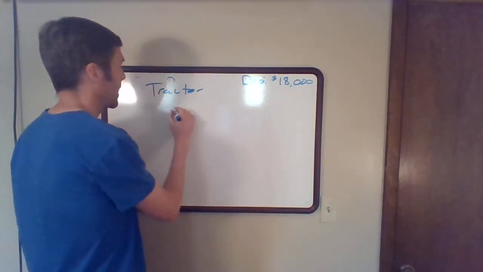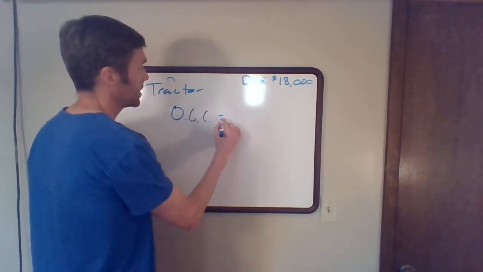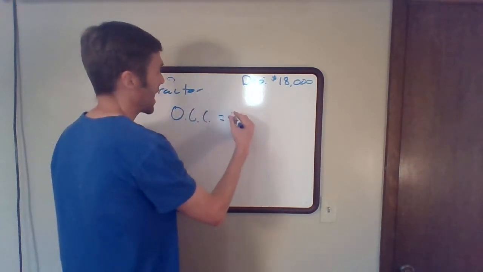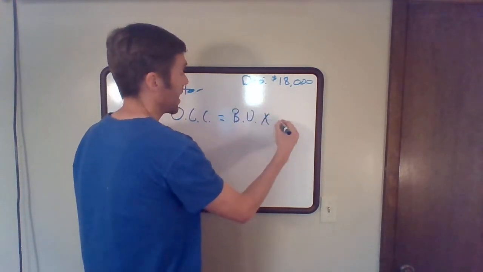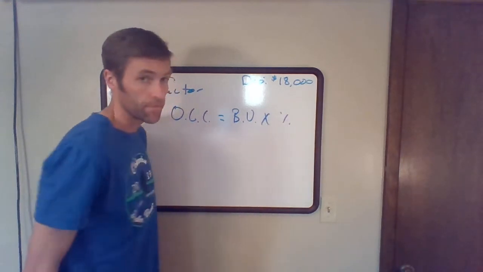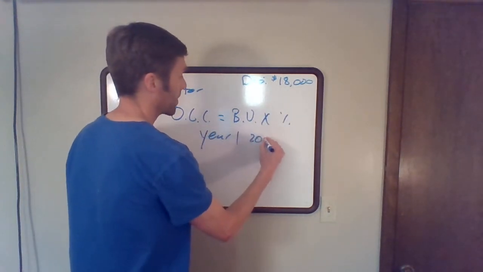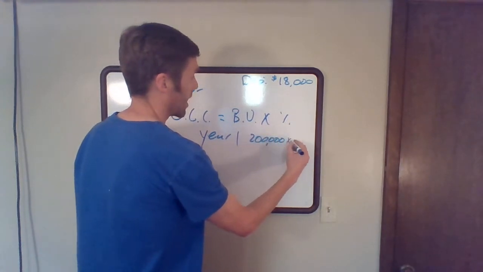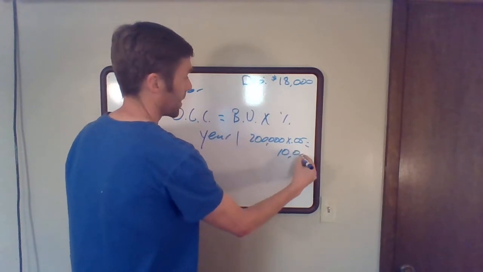And the way that we find the opportunity cost of capital is we just take the asset value, the book value, times the interest rate. So in year one, it's 200,000 times 5%, which is $10,000.